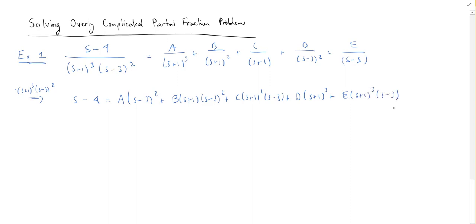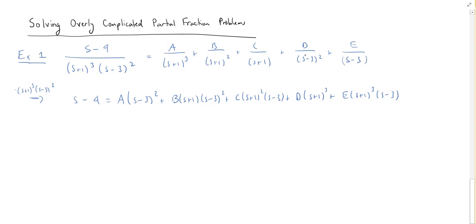Woo! And here you start to see why we're not looking forward to going on with the traditional method on this problem. Now, we could use the cover-up method to get A and D quickly, right?